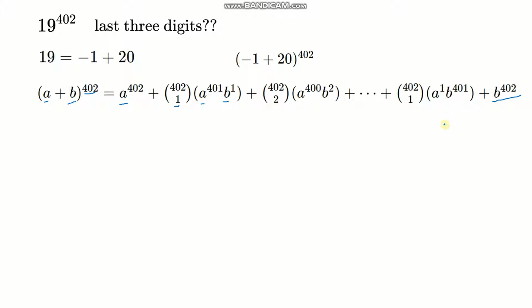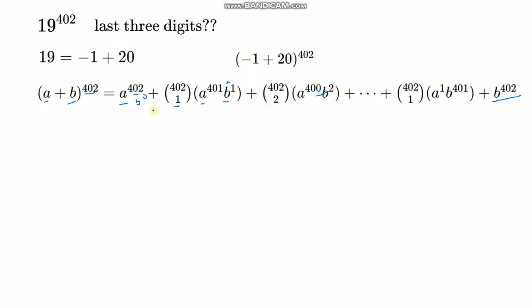In the expansion, the exponents of a and b always add up to 402. This one, 401 plus 1 is 402, 400 plus 2 is 402, and a raised to the power of 402 has b raised to the power of 0, so it's still 402.